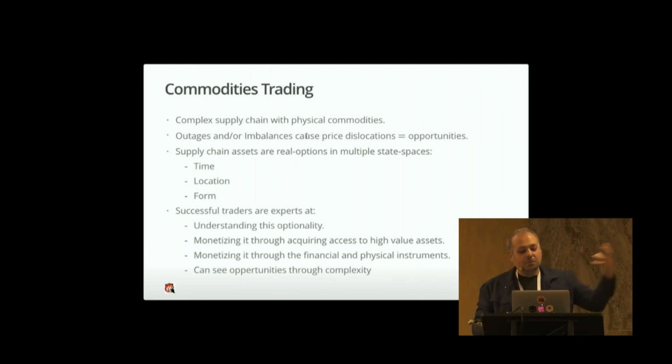You can move energy through location, say move a barrel of crude oil from Canada to Texas. Or you can change it in form, so you can use a refinery to produce refined products. At any of those steps, there's an opportunity to capture an arbitrage.